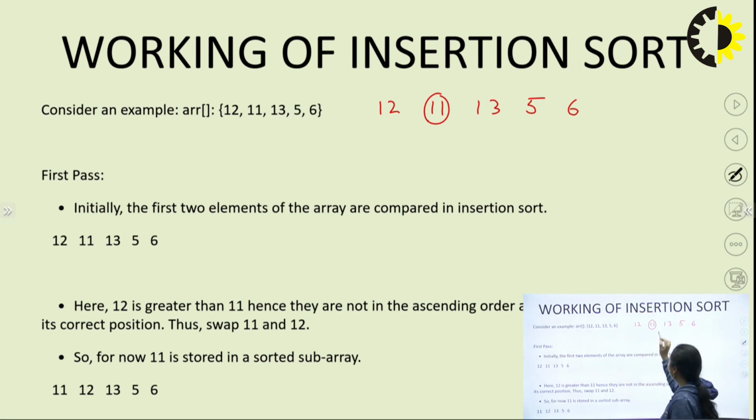So, what we will do? We will copy the content of this value in some variable. Let us assume x is equal to 11. We have stored this value in x and we will copy 12 here. After that, we will keep x here.